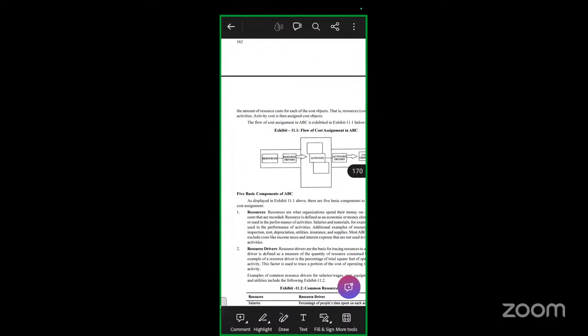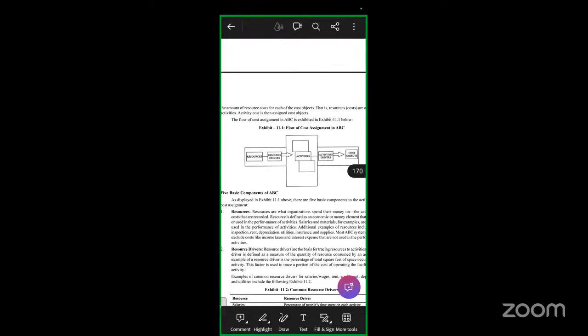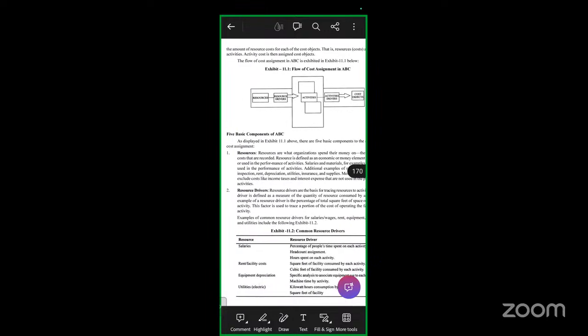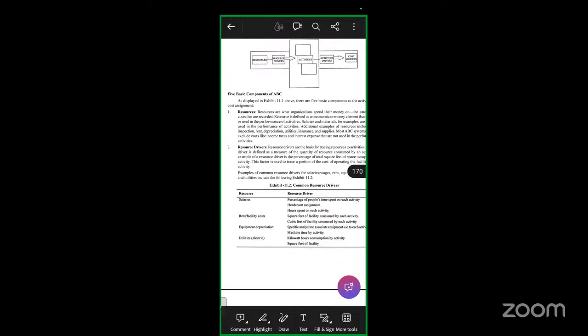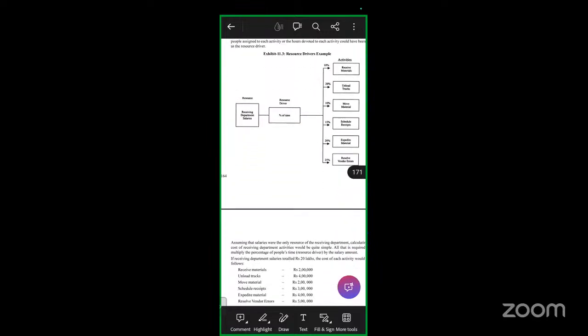Now here is the flow of cost assigning in ABC: first resource drivers, activity drivers, cost concepts, and five basic components like resources, resource drivers, and activities.